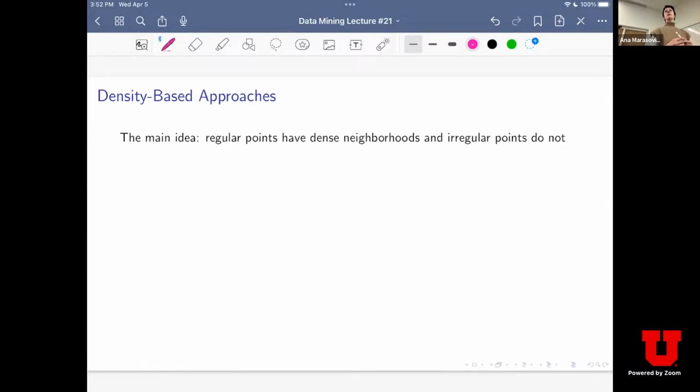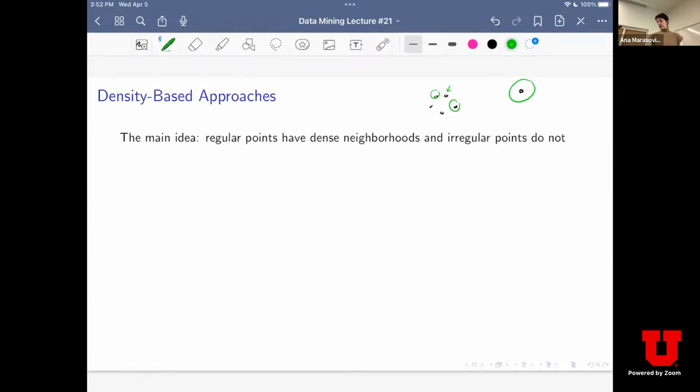But if your points are very irregular and you have a good distance measure, then under that distance measure, these irregular points will be far away from everything else, and their neighborhood is going to be very sparse, which I think visually makes the most sense. If you have your data points and then one is an outlier, there is nothing around this guy, but this point here has this and this point in its very close neighborhood.